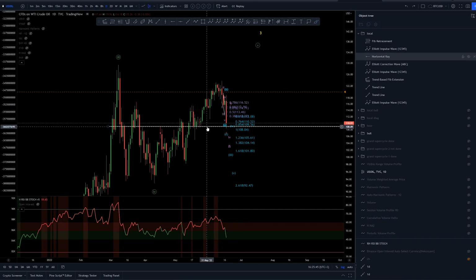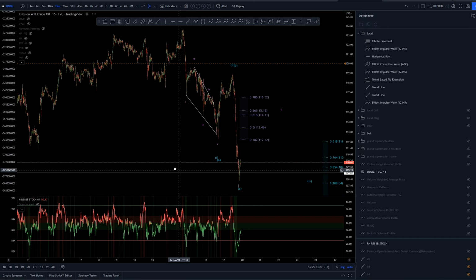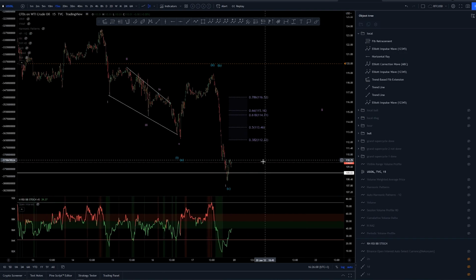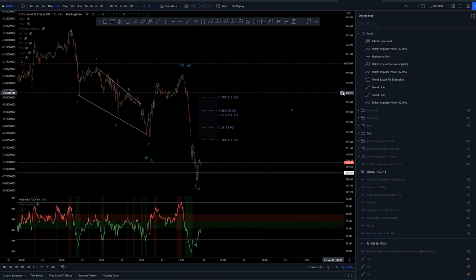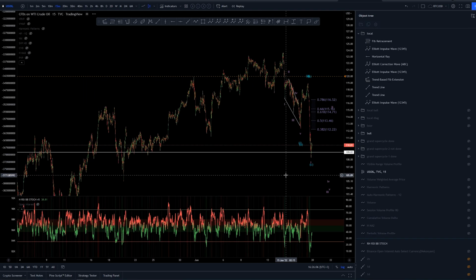So this area of around $108.95 ish is a very strong support and resistance level. We did wick through it and play with it here before. But again, it is offering a zone of some kind of support. And that is indeed where we are currently at.